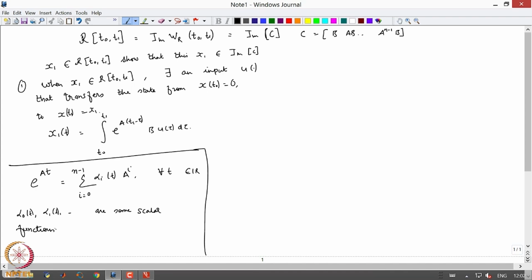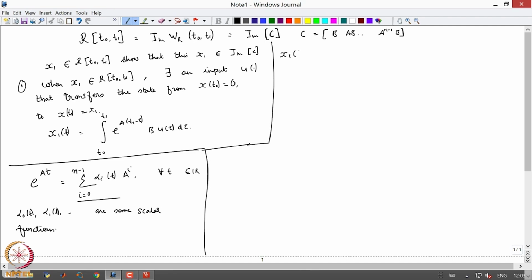Okay. So there's a way to define this. I will skip this step, but this is related to what we did in one of our earlier lectures, especially I think in week 3, where we were computing the state transition matrix, or where we were also discussing the Cayley-Hamilton theorem. Okay, so once I know this expansion of e power At, things become a little easier for me now.